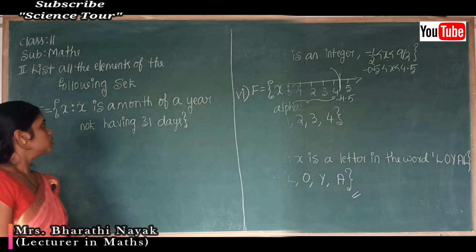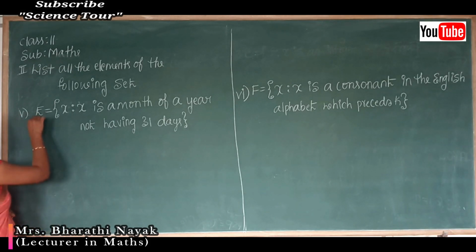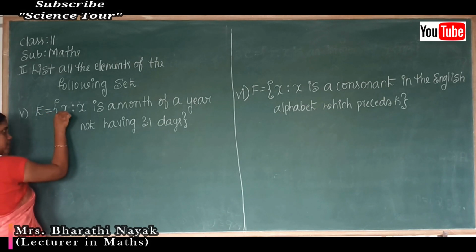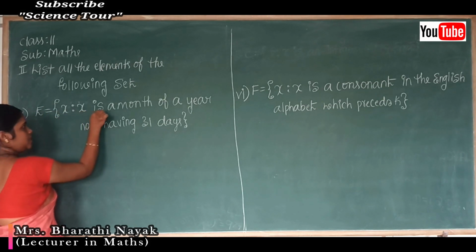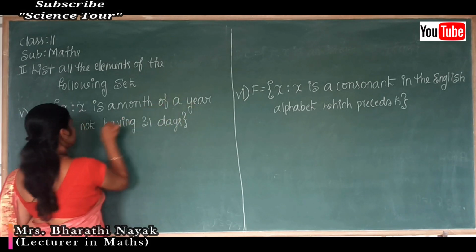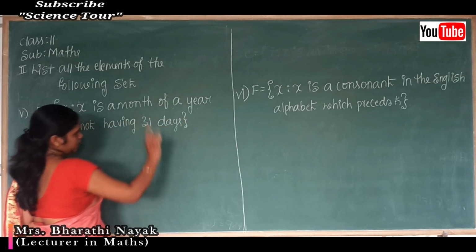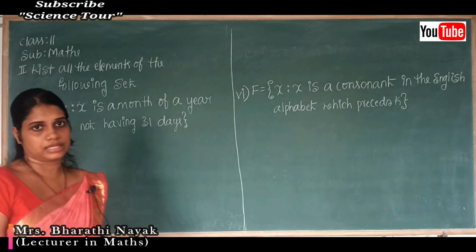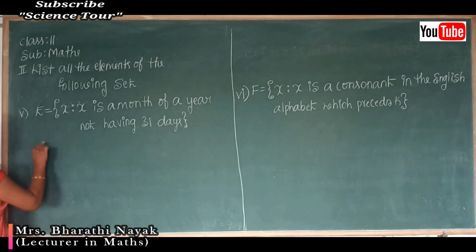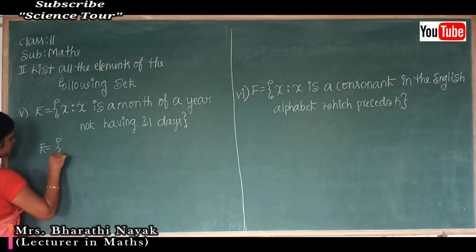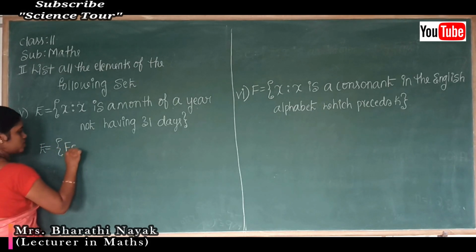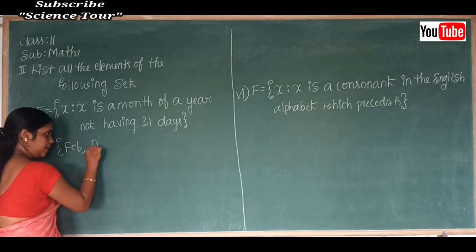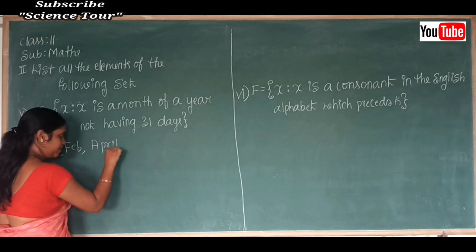The next question I will consider. Set E is equal to the set of all x such that x is a month of a year not having 31 days. So which month of a year does not have 31 days? Can I choose February? Yes, February. Next, April.